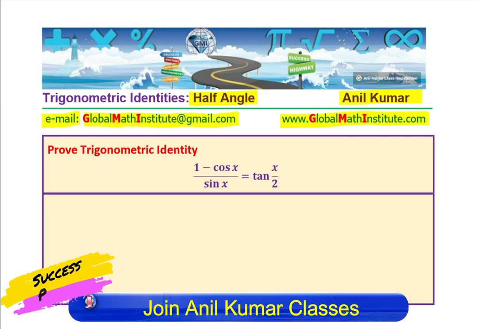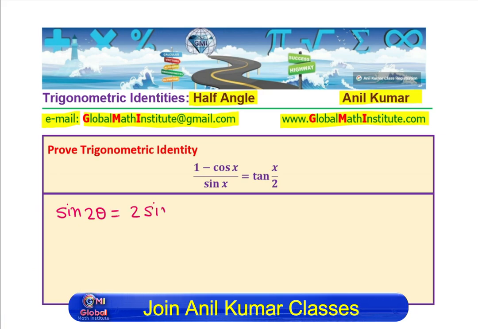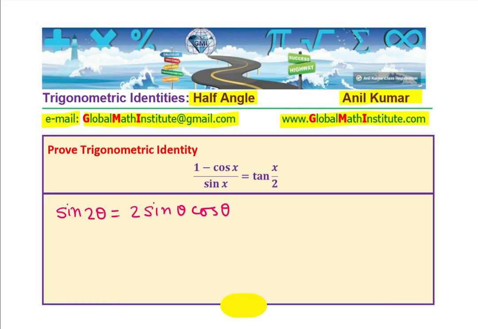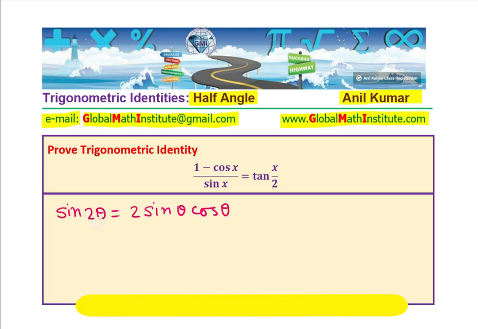So one of the formulas which you know is sine 2 theta is equal to 2 times sine theta cos theta. That is the double angle formula. But if I replace 2 theta by x, then what happens?